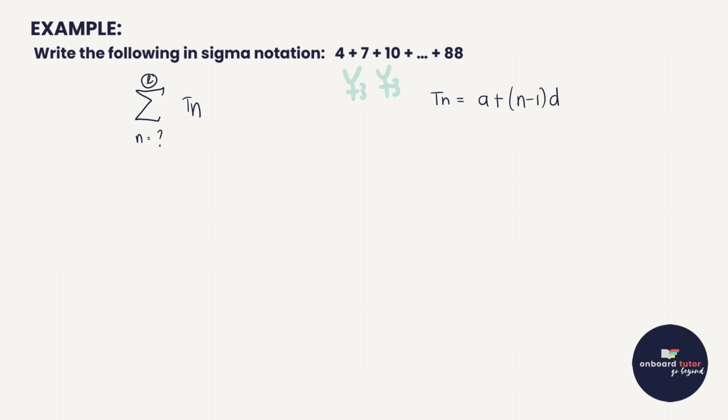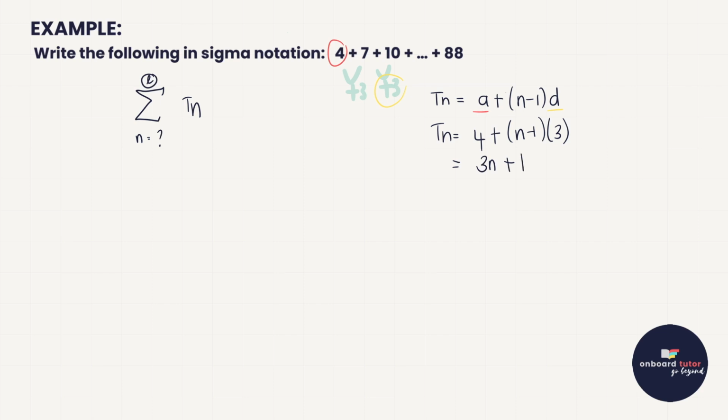In this instance, I need to know what a is, and the d value there is the constant difference. So we can substitute that in, and that will give us the general term. So 4 plus n minus 1 multiplied by 3, and that is going to simplify, and we will end up with 3n plus 1 as our general term.